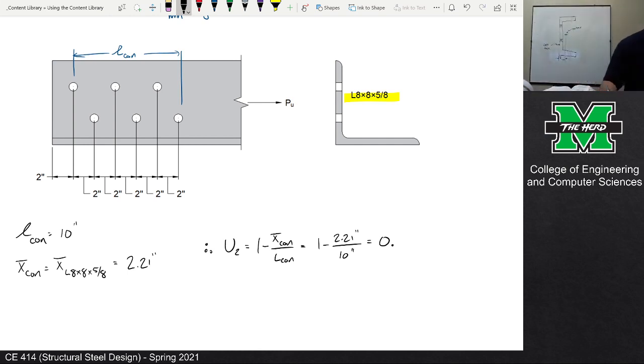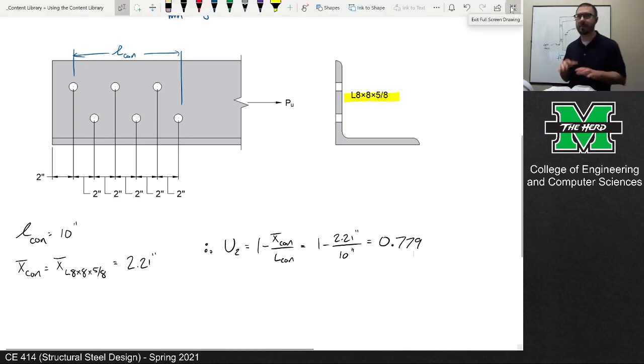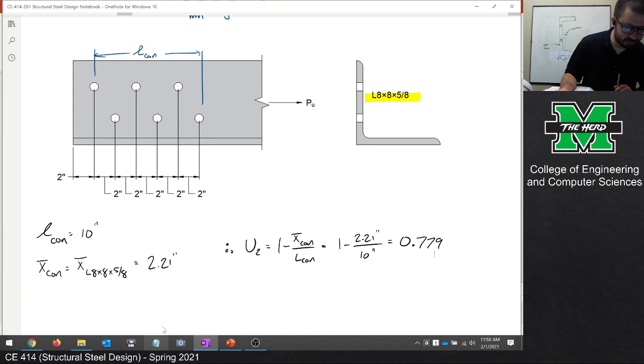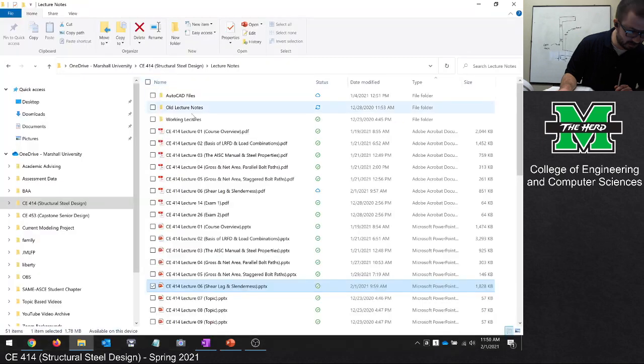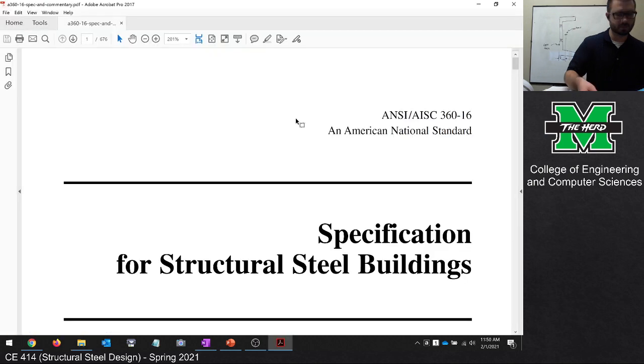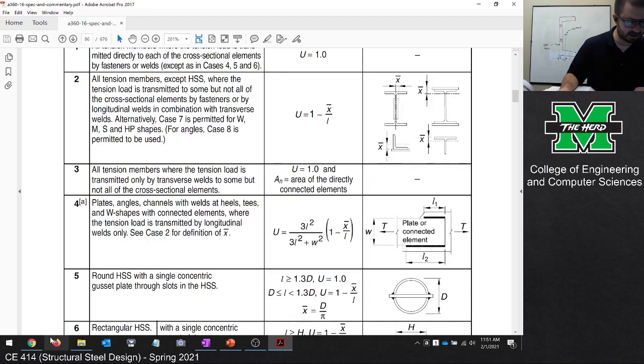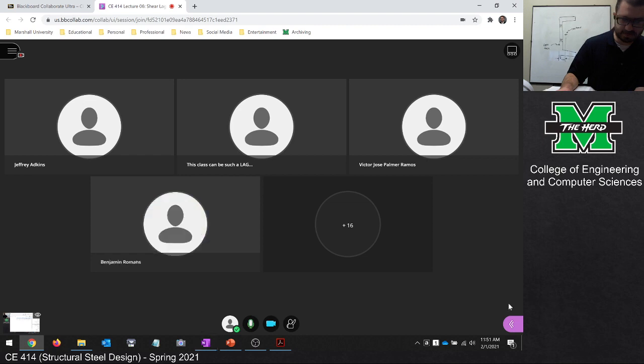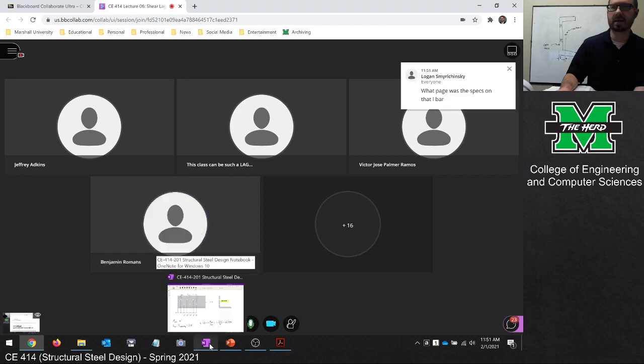Okay. I want to show you something real quick before we call it. If you open up the manual and you go to D3.1, let me see if I can pull that up super quick. Follow along with me, it's on 16.1-30.